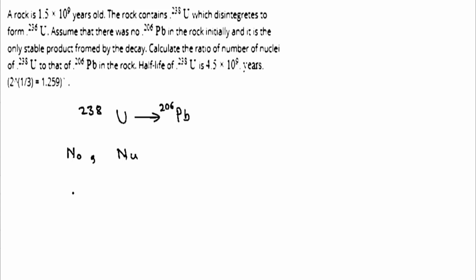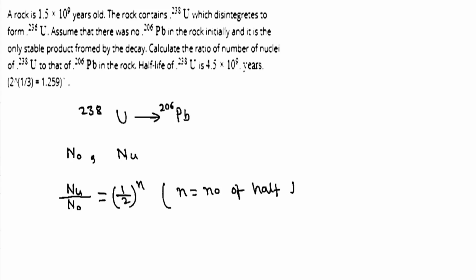We know that N divided by N naught is equal to 1 by 2 to the power n, where n is the number of half-lives.